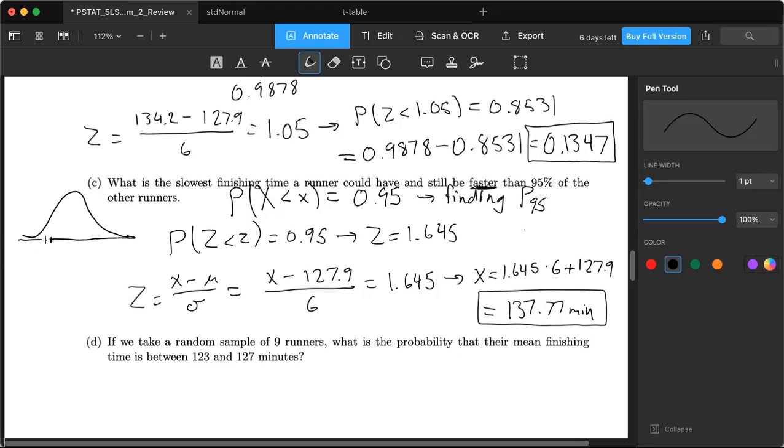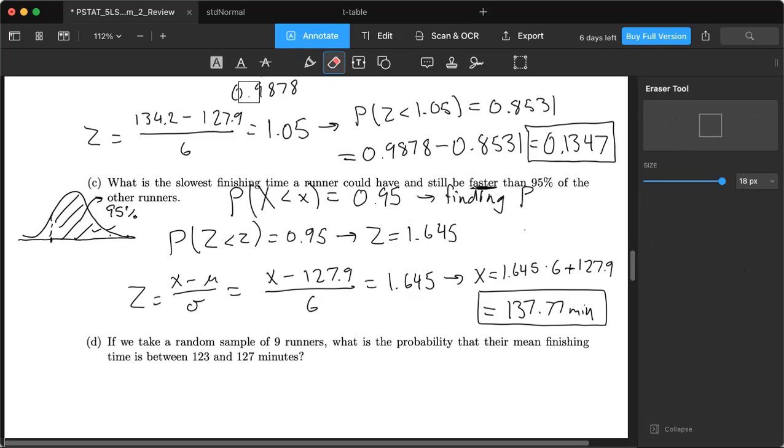So if you're faster than 95%, that means the 95% would be this way. You're faster than 95%, which means you would be looking for the 5th percentile.